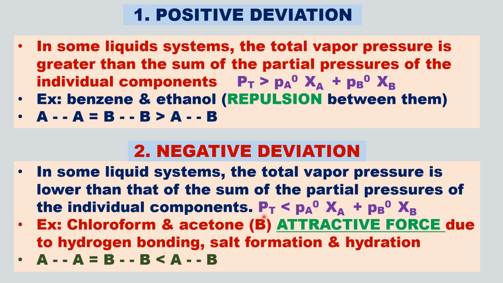As a result, the molecules will not escape, so the vapor pressure decreases. In the positive case, there is repulsion between the A and B molecules, so the molecules will escape, the vapor pressure increases, and therefore the total pressure is more than the value predicted by Raoult's law. In the negative case, the interactions between A and B molecules are greater than the AA and BB interactions.